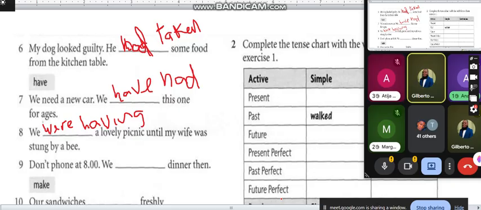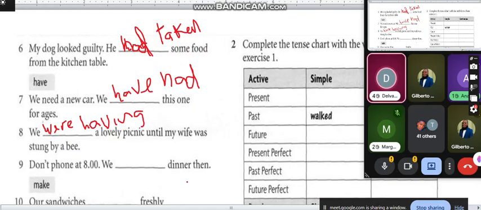Good afternoon, lecturer. Good afternoon, colleagues. Okay, afternoon, welcome. Don't phone at 8, we blank dinner then. So I think the answer should be will be having.